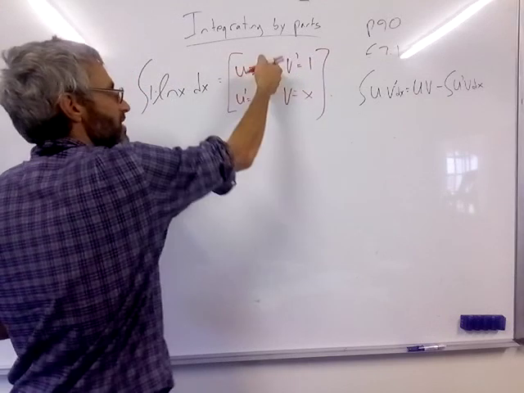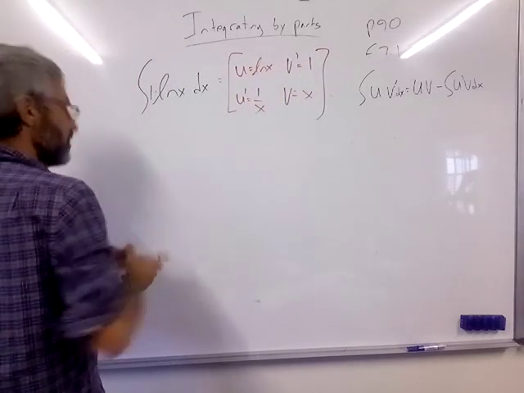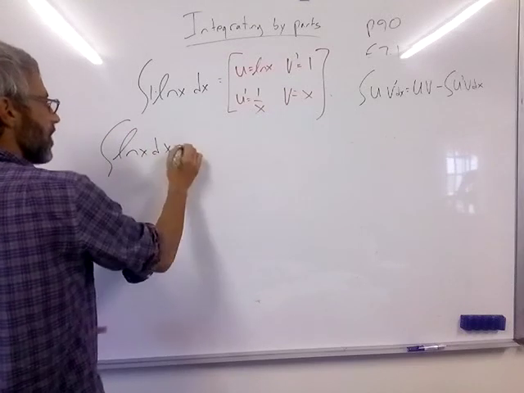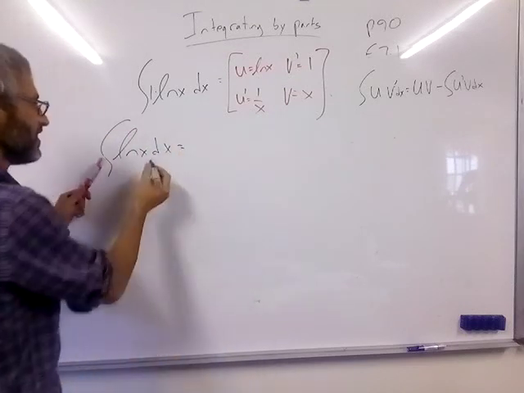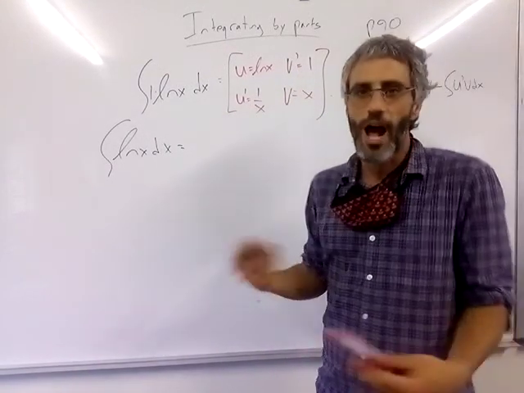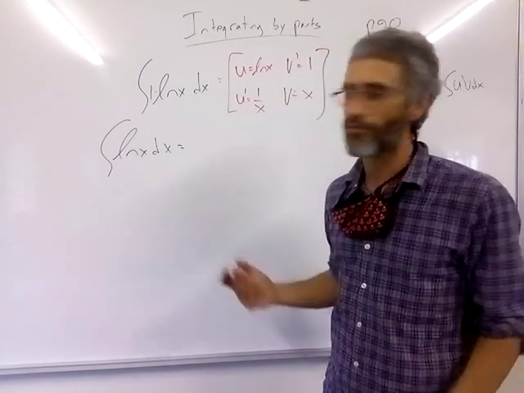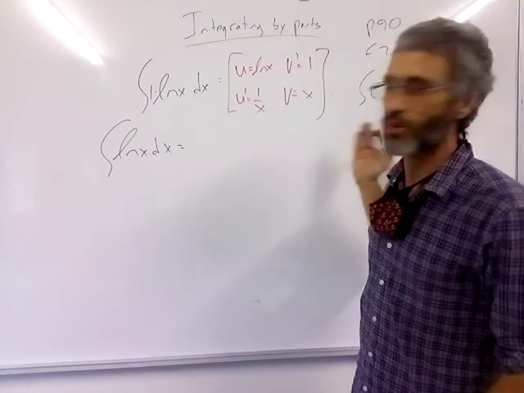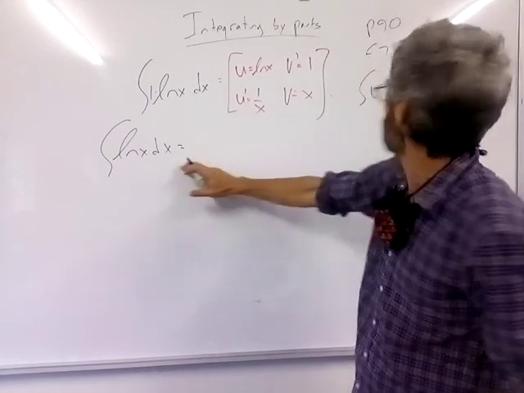This goes up to x, but that's fine because it's 1 over x. So we'll write again, the integral of ln x dx. Okay, and actually now I answered myself. Before, we were asking ourselves, how do we find the integral of ln x? And we didn't have an obvious answer. But now, using integration by parts, we do. What is the integral of ln x?